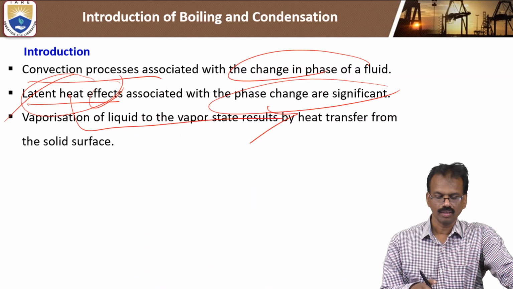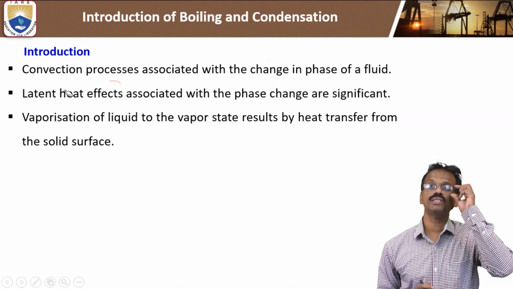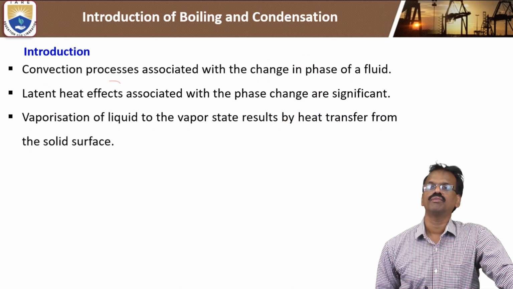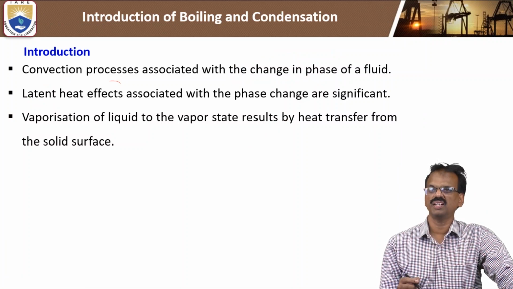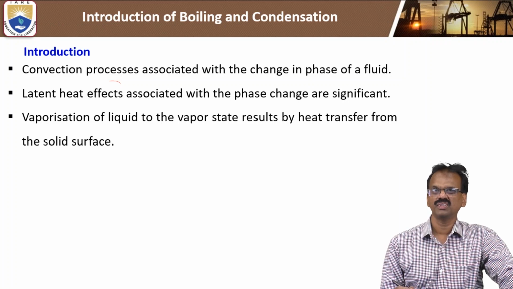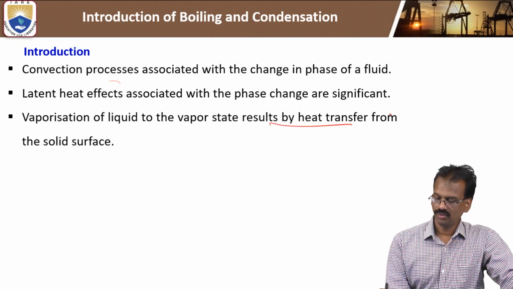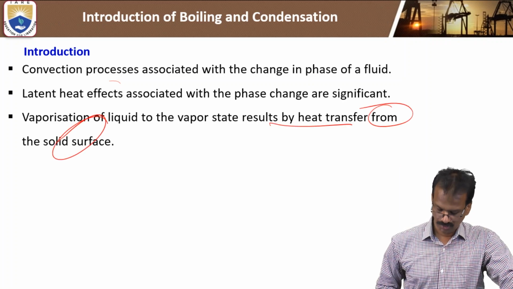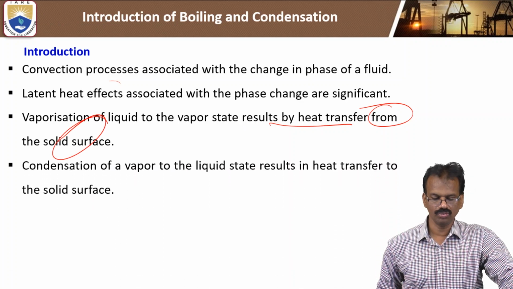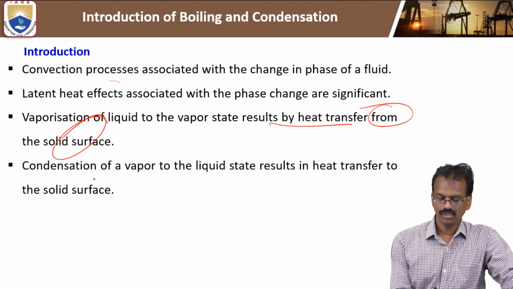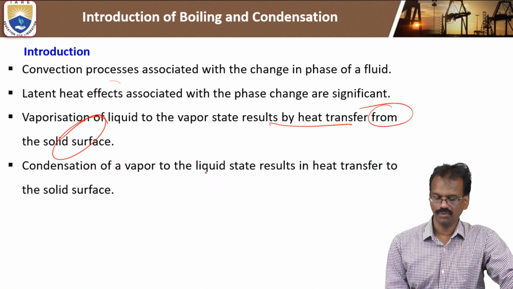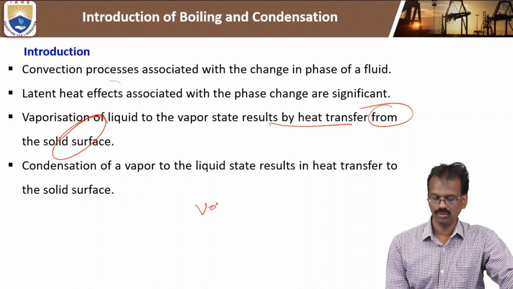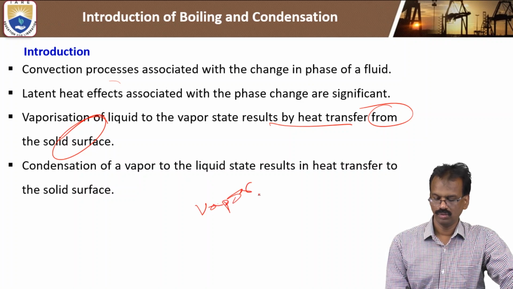We'll see. So next one, vaporization of liquid to vapor state resulted by heat transfer from the solid surface, that is called boiling, you know this one. Condensation of vapor to liquid, so vapor to liquid, that is condensation.